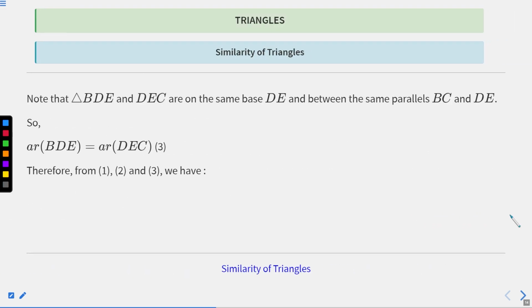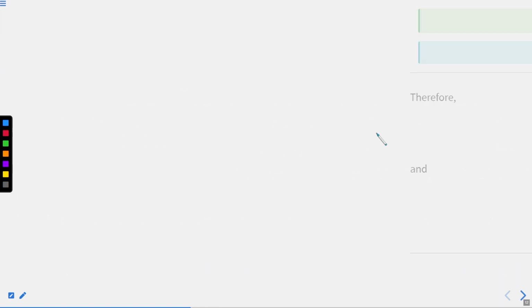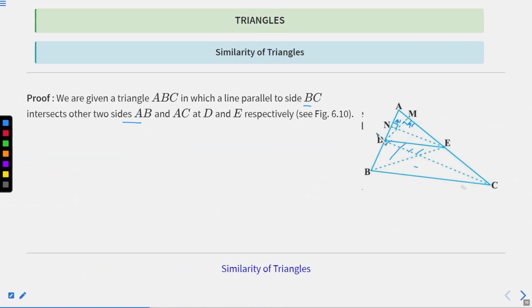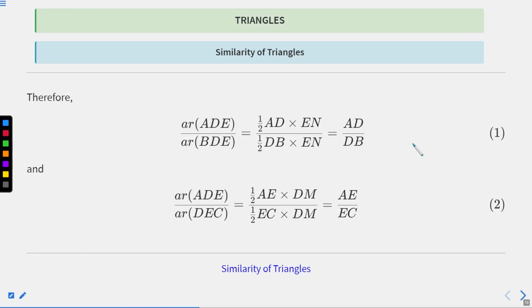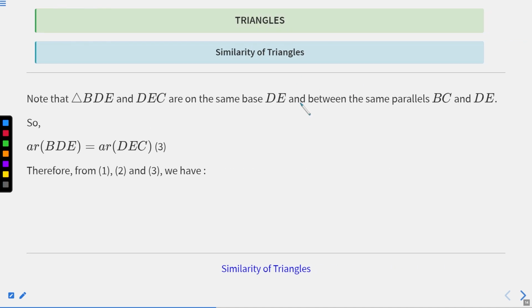Now note that triangle BDE and triangle DEC are on the same base DE. You can observe the figure: for these two triangles the base is the same, that is DE, and they lie between the same parallels BC and DE.